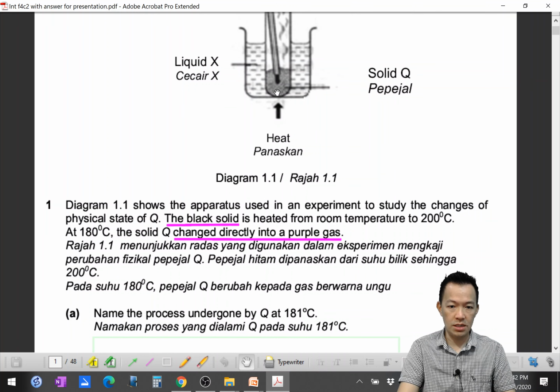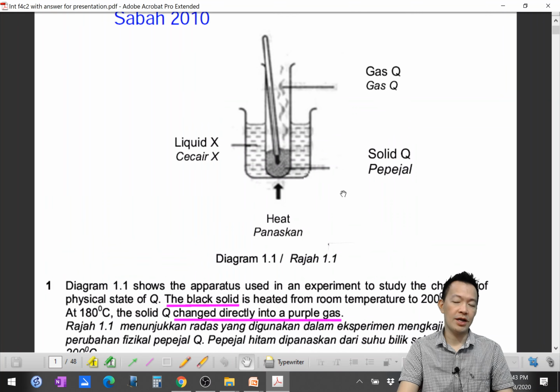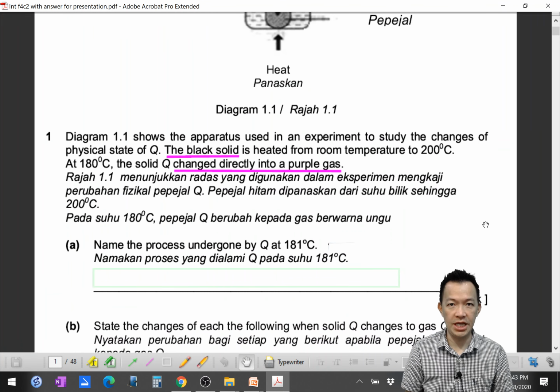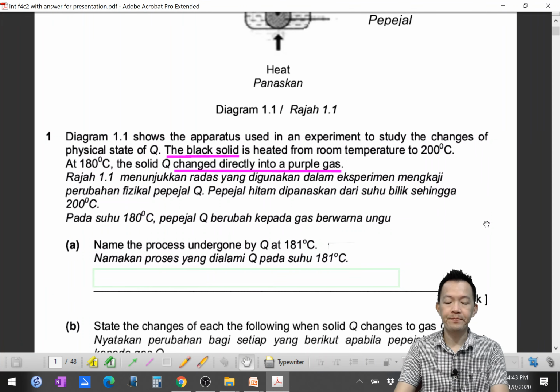At 180, the solid Q changed directly into purple color gas. 在180度的时候，Q 它直接变成紫色的气体。You almost know who is Q, 对不对？它就是鼎鼎有名的 iodine.